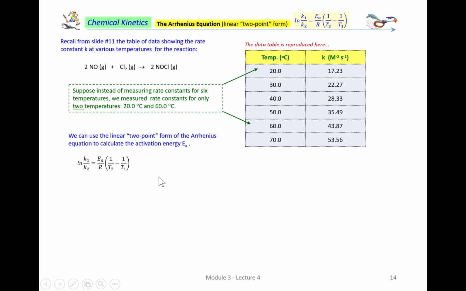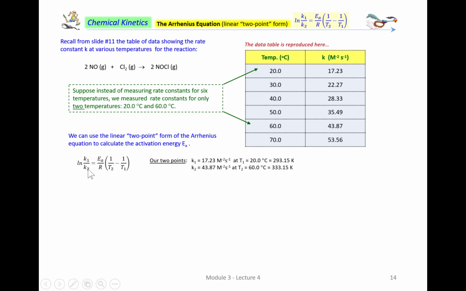So our 2 points here are K1 of 17.23 at a T1 of 20 degrees C or 293.15 K, and that would go right here. K1 would go here, T1 would go here, and our K2 will be 43.87.